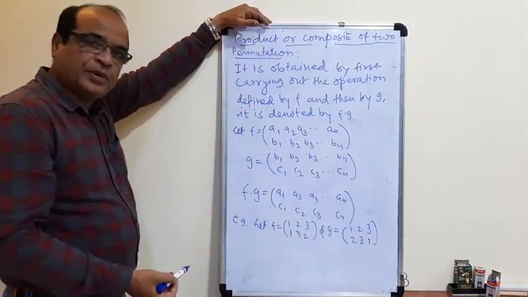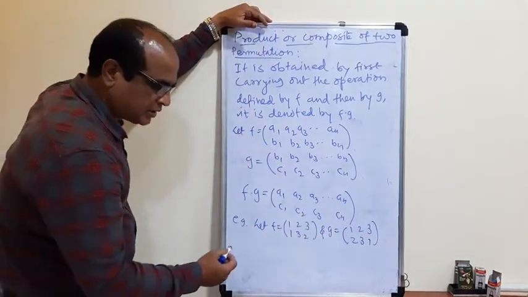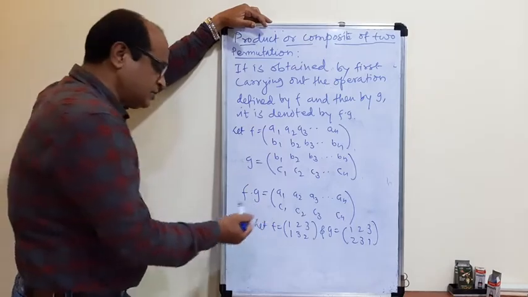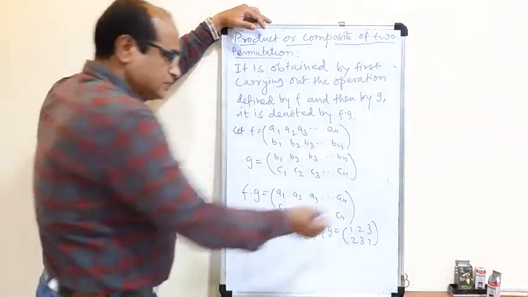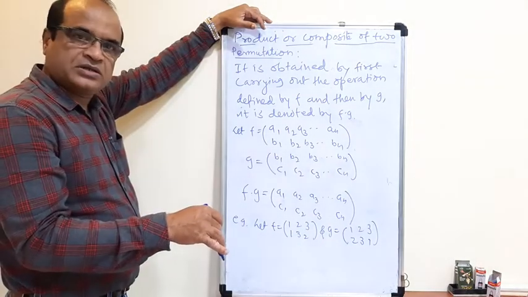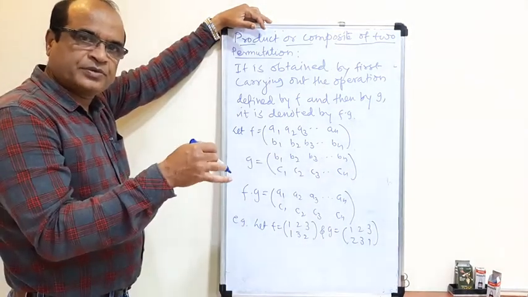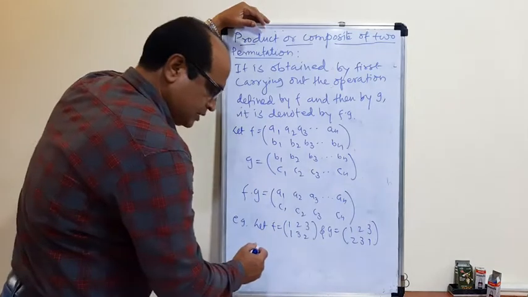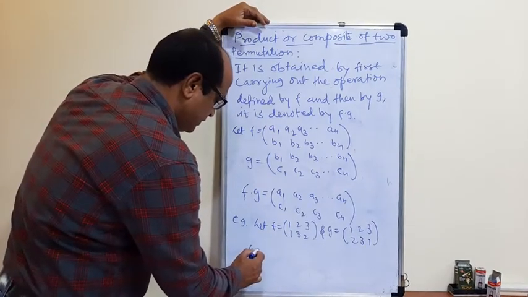So these are the two permutations. Both are permutations of degree 3, so the product F dot G is also a permutation of degree 3.